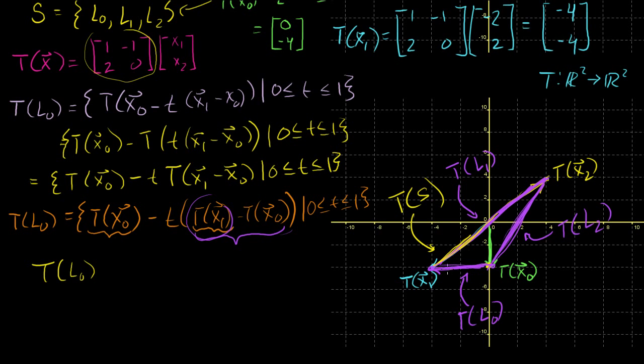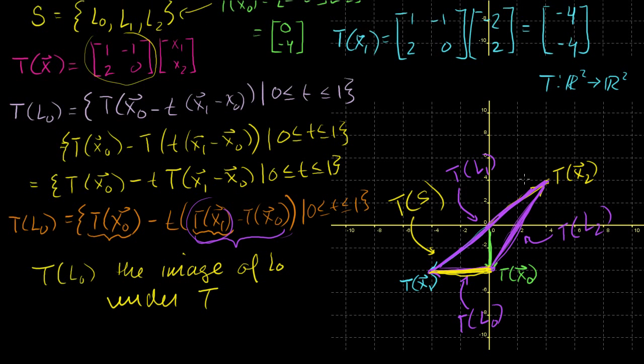Sorry, L naught was this set. It was the set of vectors in our codomain that specified these points. This is called the image of L naught under T.